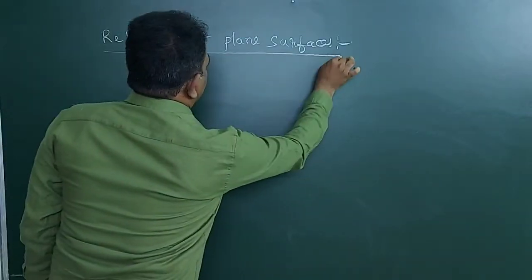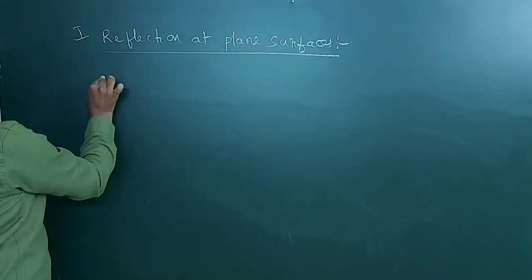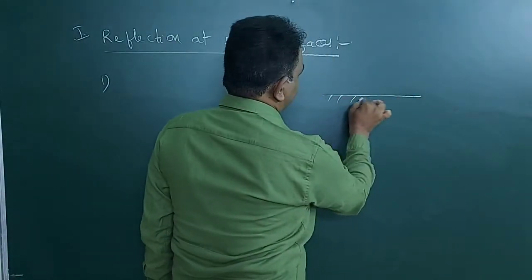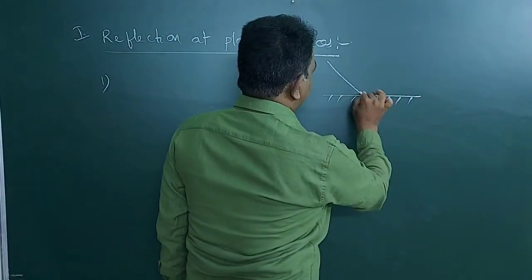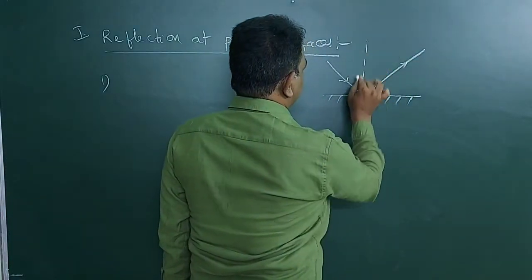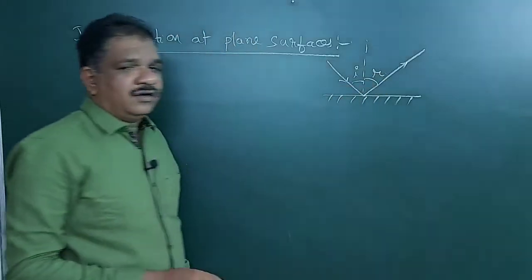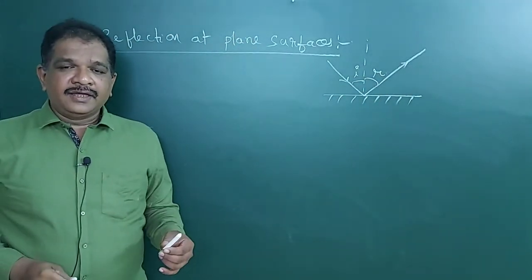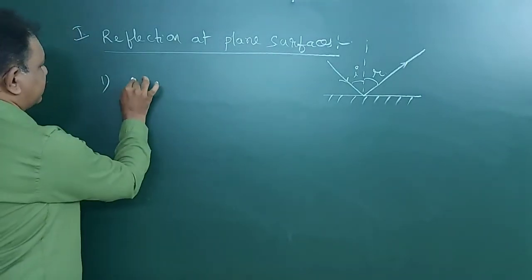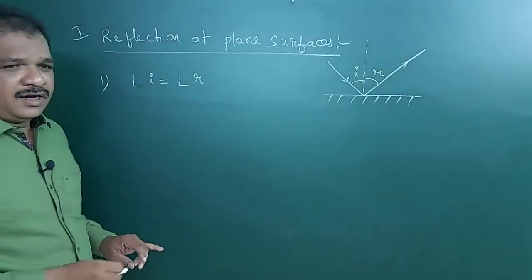So in this, the first formula will be, if this is the mirror, if light is incident like this, light is reflected like this, this is angle of incidence, this is angle of reflection.